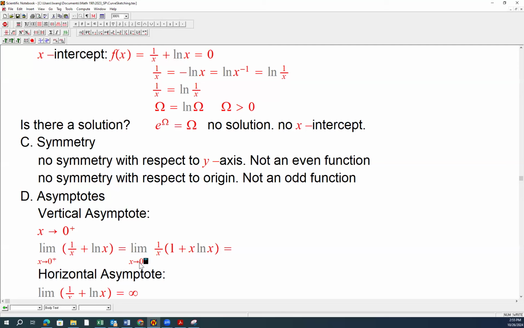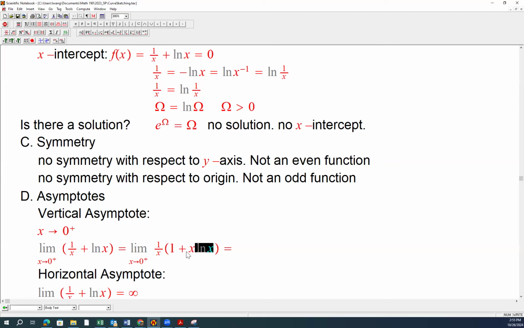Well, x is approaching 0 from larger than 0, so this piece approaches positive infinity. What does the piece in the parentheses approach? As x approaches 0 from larger than 0, this approaches 0, and this approaches negative infinity.